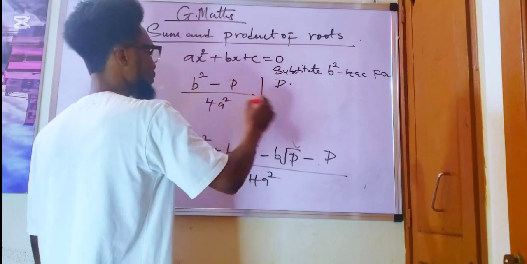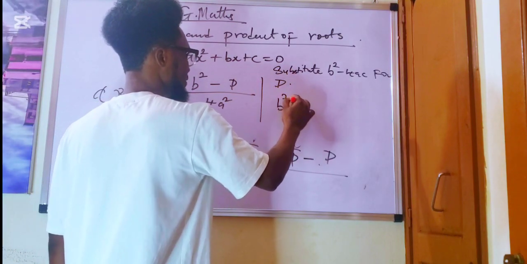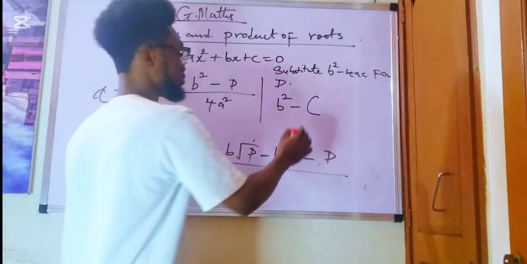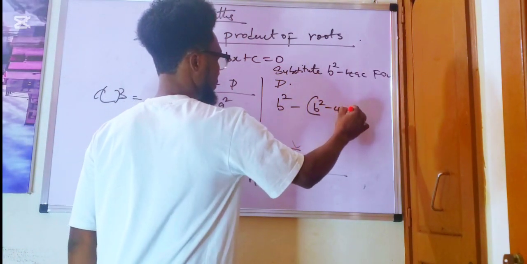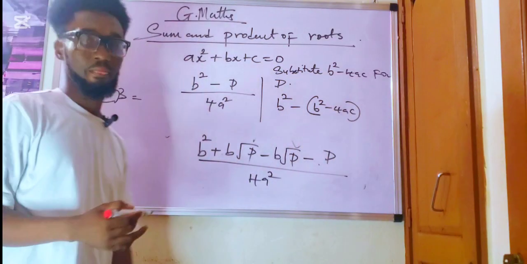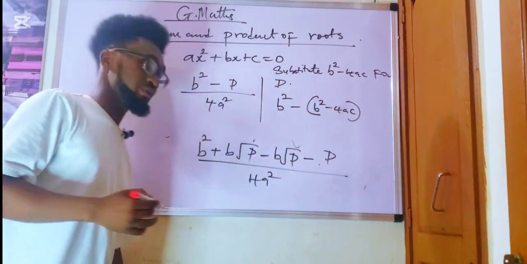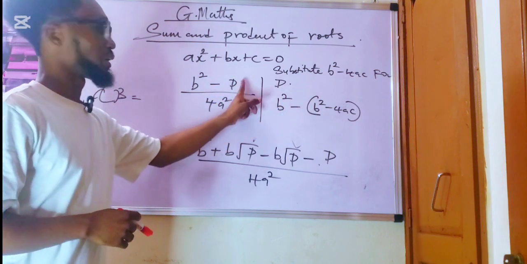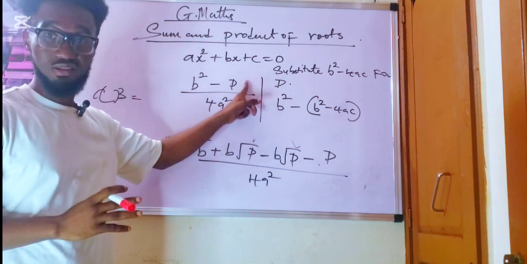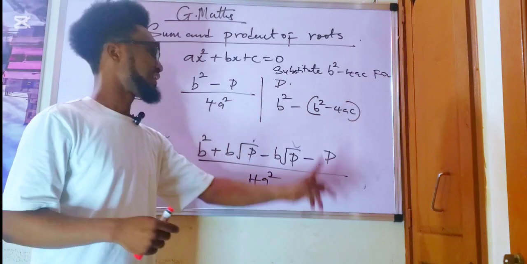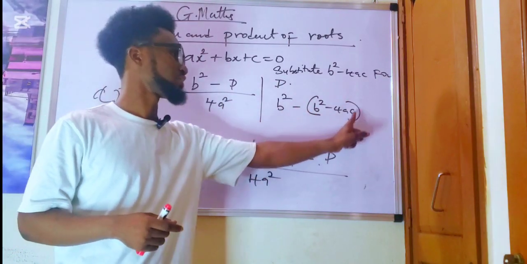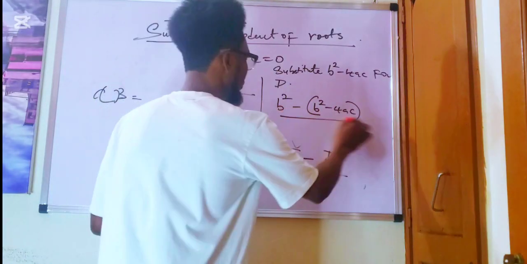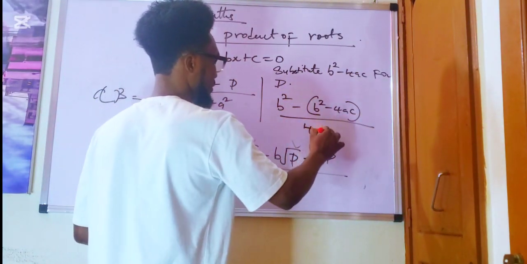In that case, we can have b squared minus brackets. Wherever we have d now, we put b squared minus 4ac, right? Good. We bracketed it because we are trying to separate it properly. All right. Now, this bracket here means that the minus here is supposed to affect whatever we have inside this bracket. So take note. The denominator part will have 4a squared.